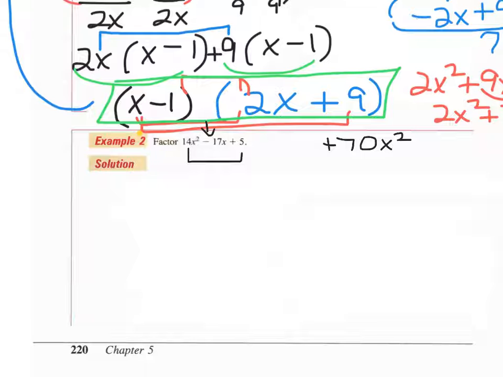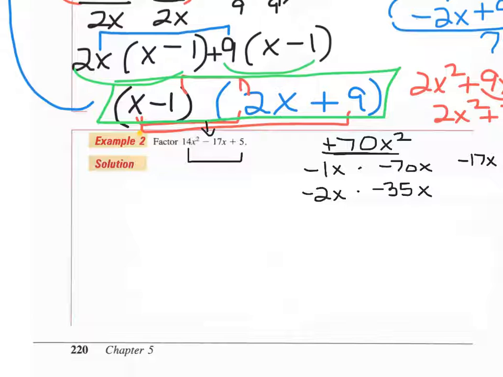So when I do this, I'm doing negative 1x times negative 70x, because when I multiply a negative times a negative, I'm going to get my 70. So then here I'm going to try 2x times negative 35x. I'm going to keep listing them until I find negative 17x when I add them.